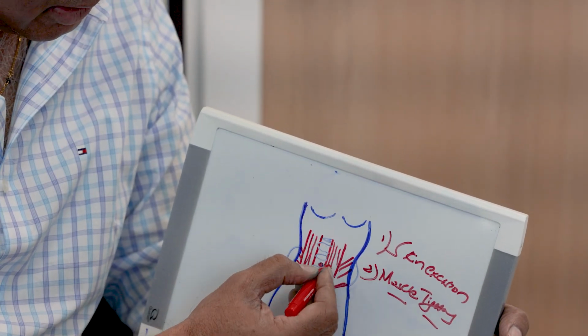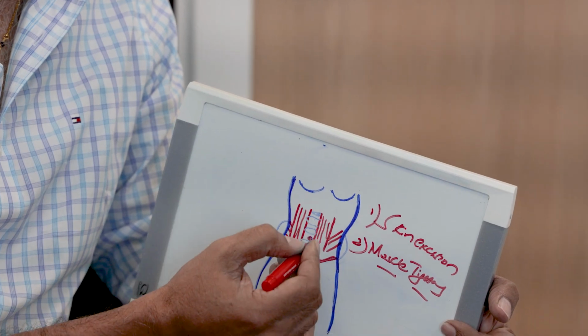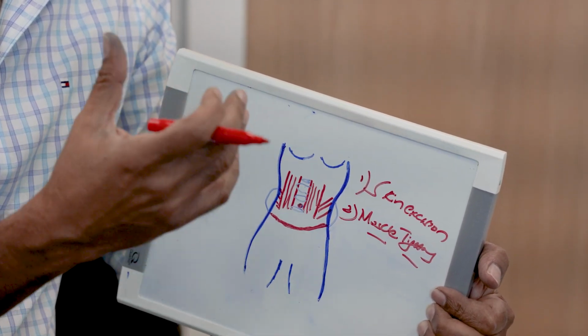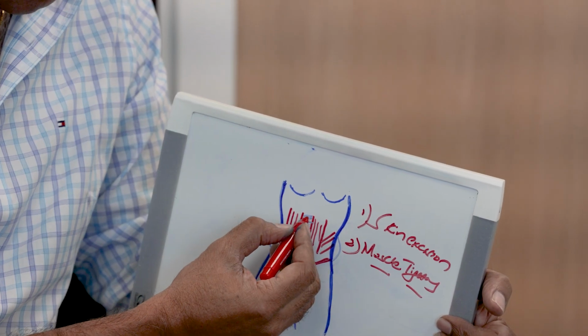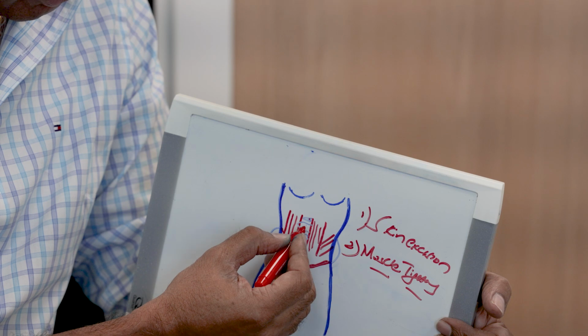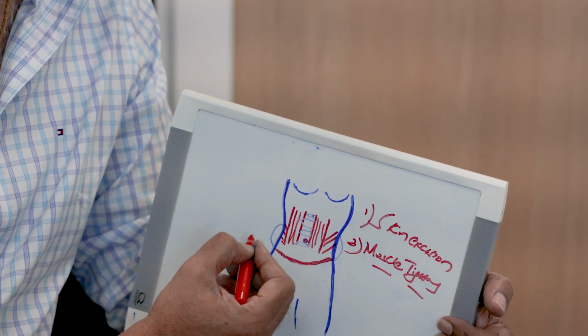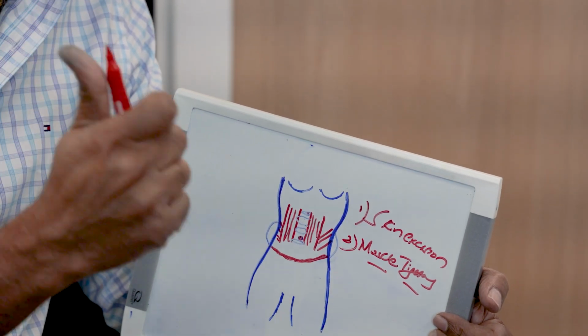This one six-pack muscle, this other six-pack muscle called the rectus can have what we call rectus diastasis, where it spreads and stretches out. When that happens, you also can tighten by suturing the central part here. That's called muscle tightening. That's the second thing that happens in an abdominoplasty.